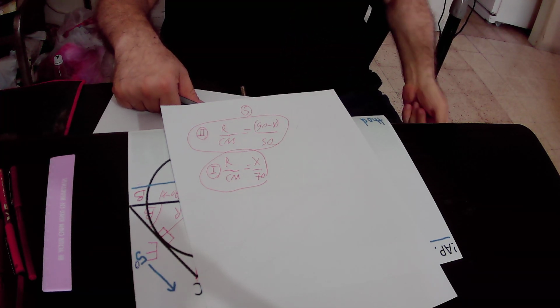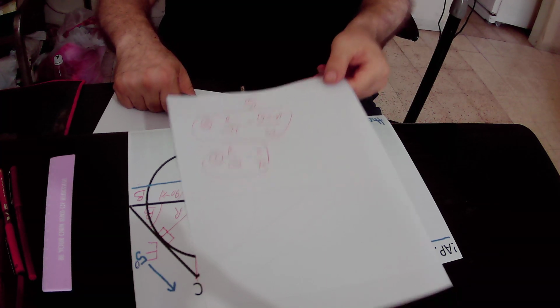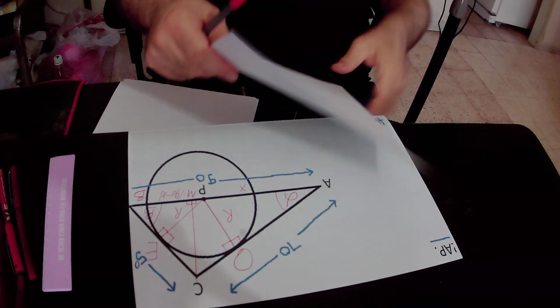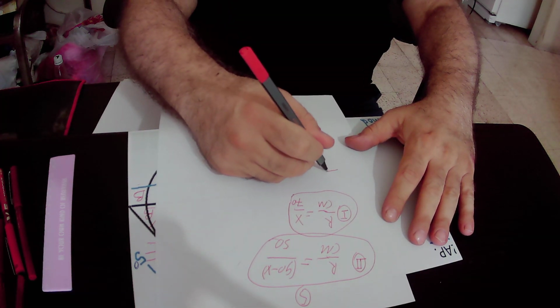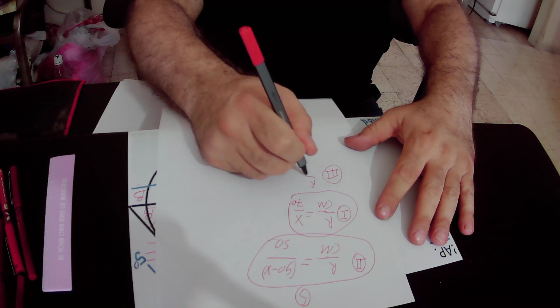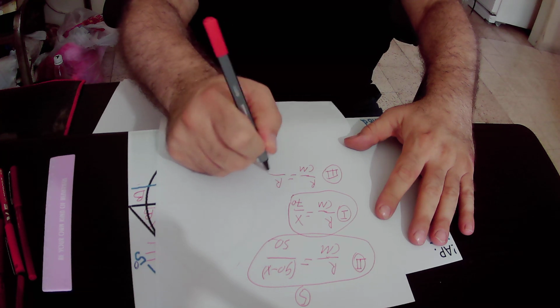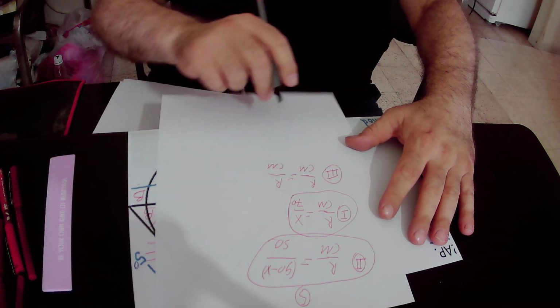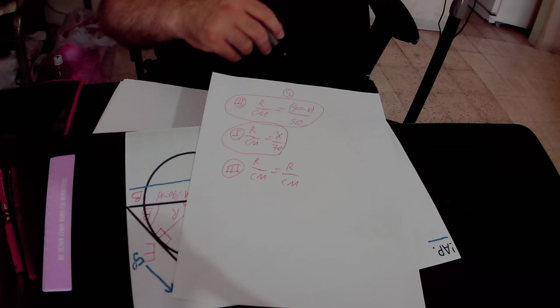So we'll now create the third equation, which states that R over CM equals R over CM.